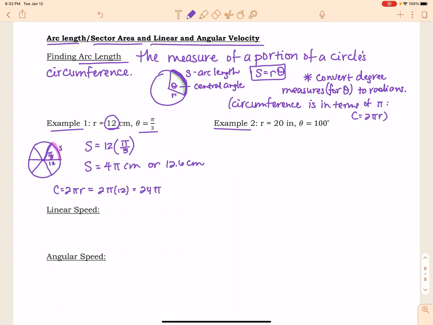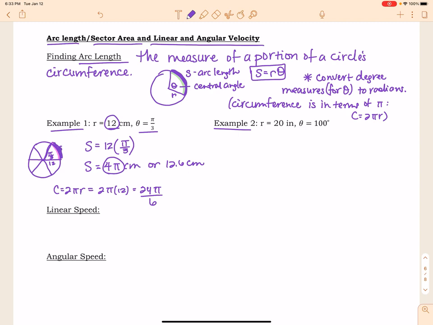So the top half of the circle cut into 3 equal pieces, the bottom half of the circle cut into 3 equal pieces. So the circumference around the whole circle is 24 pi. So it would make sense that a sixth of it, we divide this by 6, would give us 4 pi for this one little slice right here of our circumference. So that's just to help you kind of understand how this works.